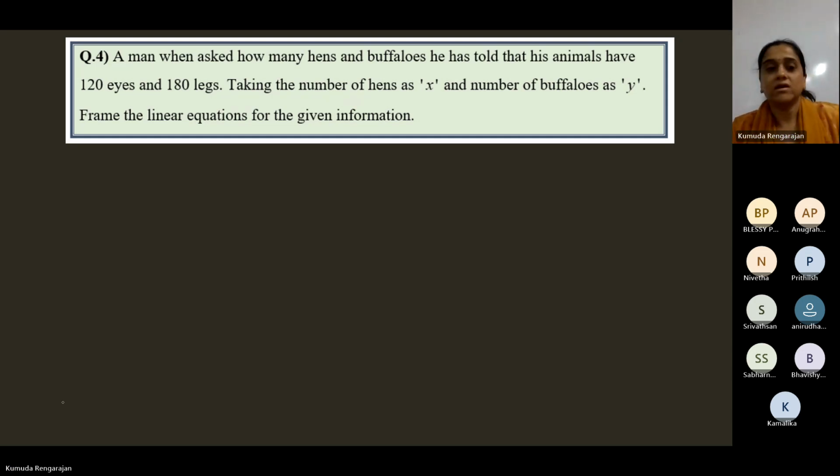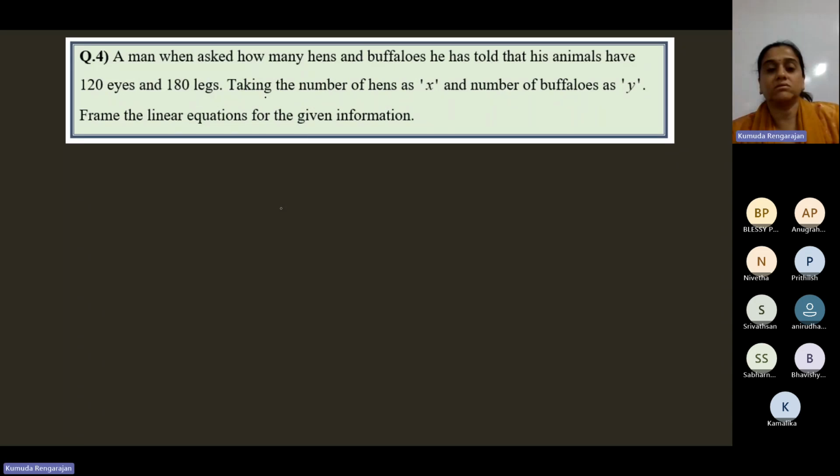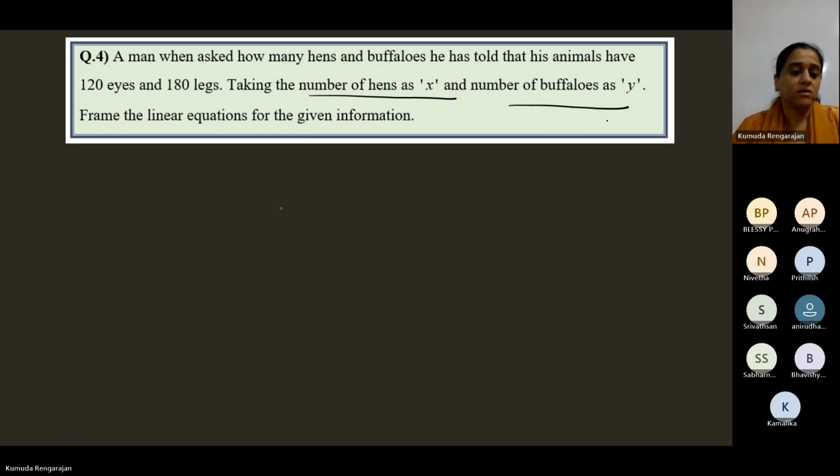Yeah. So you're also given take number of hens as X and number of buffaloes as Y. Okay. Now there are X hens. One hen, two eyes.